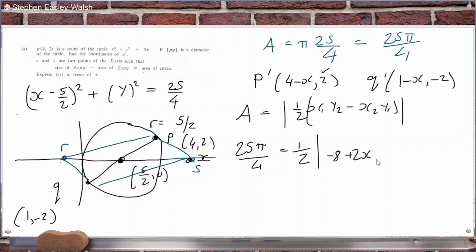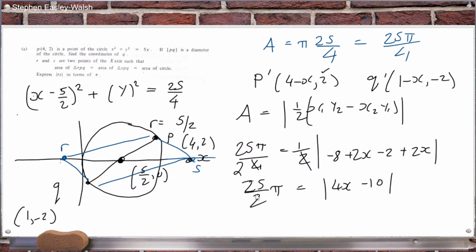So minus 2, plus 2x. Let's clean this up a little bit. So that and that will get me 2 if I multiply by 2. So I'll have 25 over 2 pi equals the modulus of 4x minus 10.